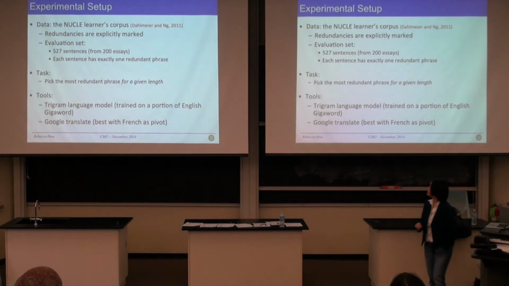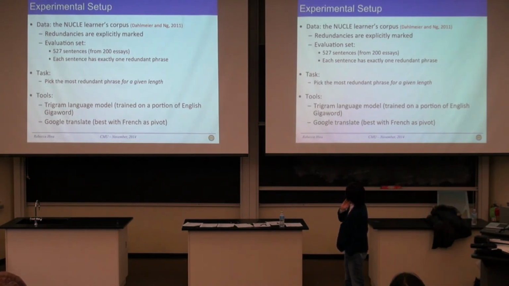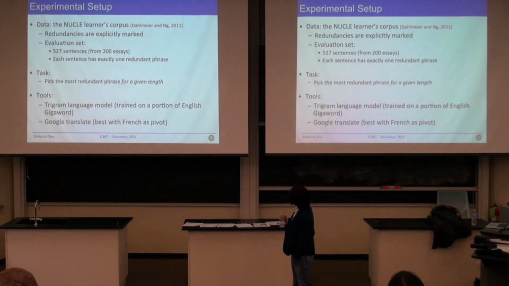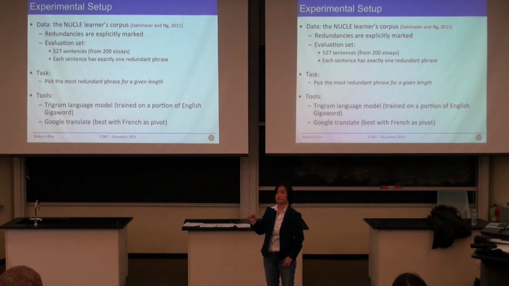So for this experiment, we run the data set using the NUCLE corpus, the National University of Singapore Corpus of Learner English, where the redundancies are explicitly marked. We particularly look at just sentences where each sentence has exactly one redundant phrase of some length. For this first task, we actually just spot the system the length.